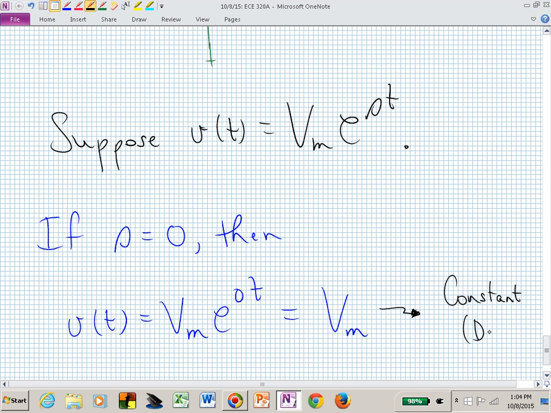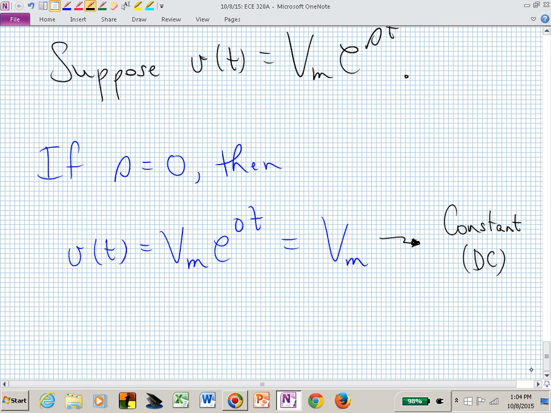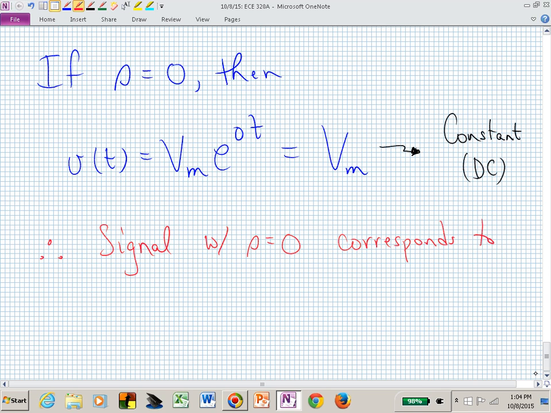Or you could think of that as like a DC, but what was the frequency that we were putting into that formula for little v of t to obtain a constant waveform? Our signal, little v of t, with s equal to 0, corresponds to DC, or constant signals.